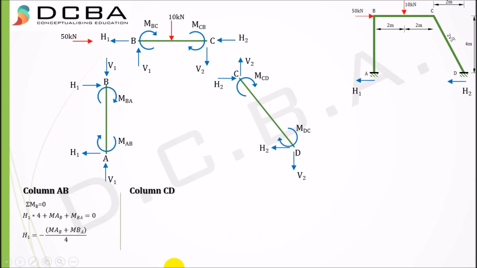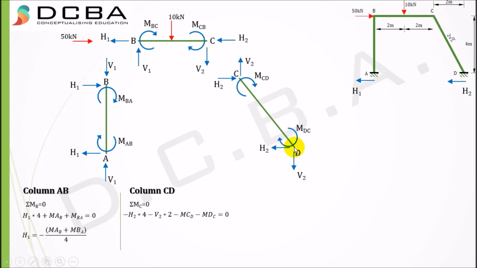Now, equilibrium of column CD, again doing summation of MC equal to 0. Minus H2 into 4 minus V2 into 2 minus MCD minus MDC equal to 0. Basically, I am getting this negative because my sign convention of writing bending moment is of sagging and hogging concept. That is, if I need to find the value of MC, I'll fix this point and check what this force is doing to my member.